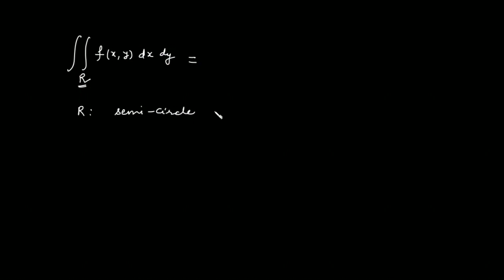It's a semicircle bounded by the line y is equal to 0 and the circle x is equal to square root of 1 minus y square.